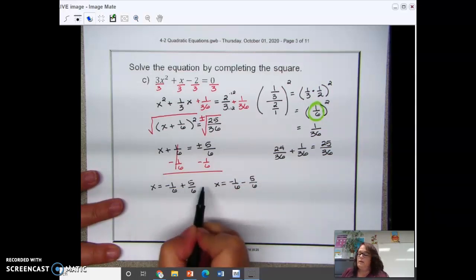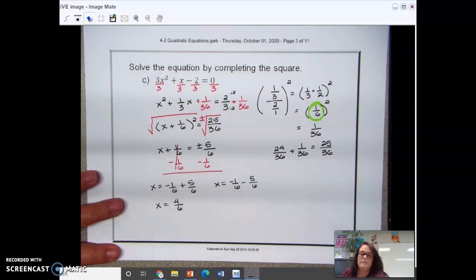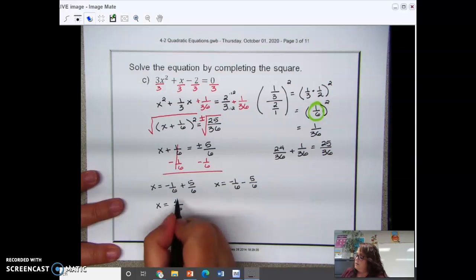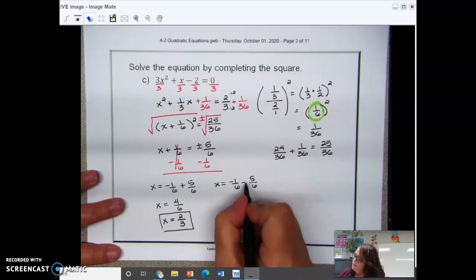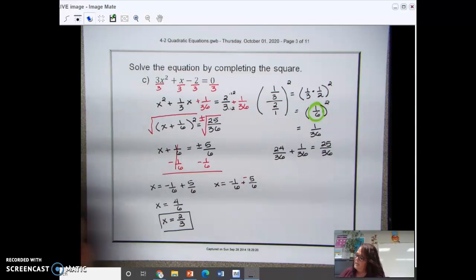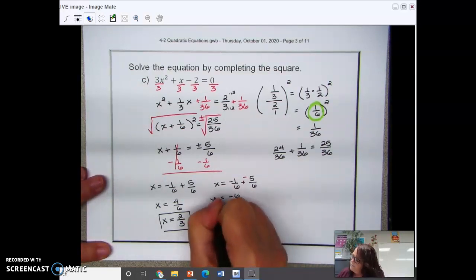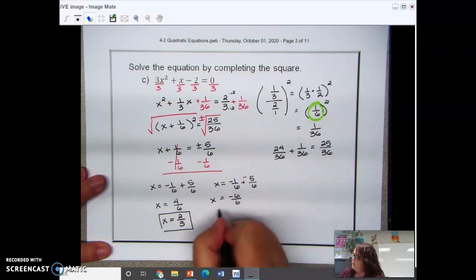So on this one, negative 1 plus positive 5 gives me positive 4 over 6, which if I reduce the top and the bottom by 2, I get X is equal to 2/3. And over here, if I keep change, negative 1 plus negative 5 gives me negative 6, and then negative 6 divided by 6 gives me negative 1.